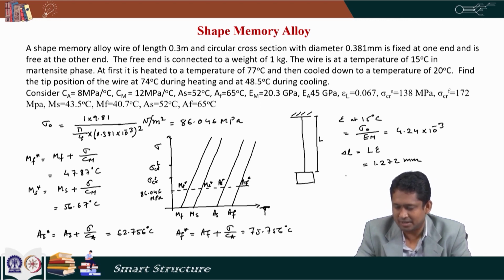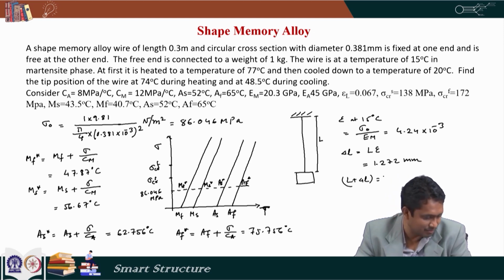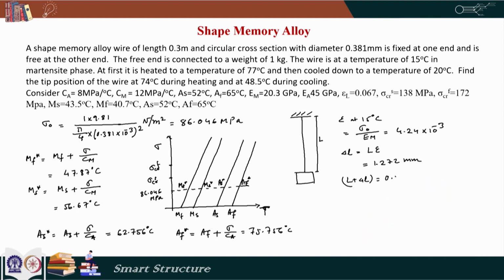So, the total length is L plus delta L, and that comes to be 0.301272 meter. So, the tip position is at a distance 0.301272 meter from the fixed end, at the initial stage when the material is at a temperature of 15 degree centigrade.